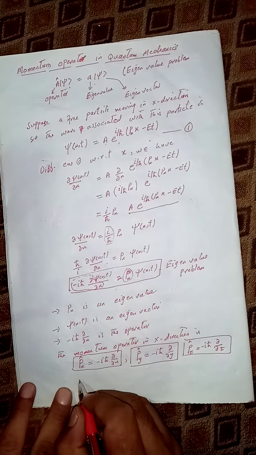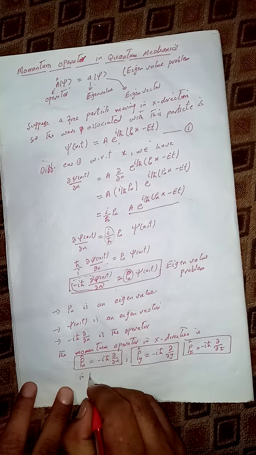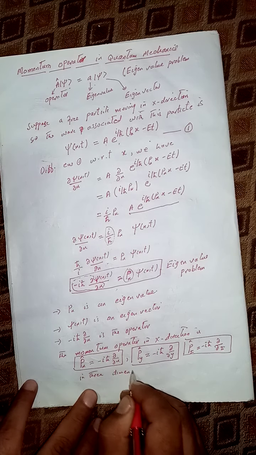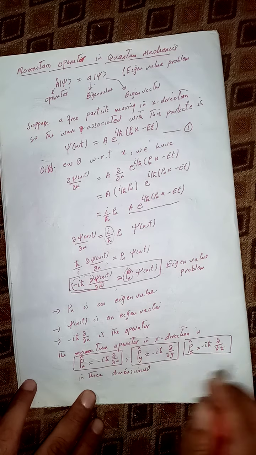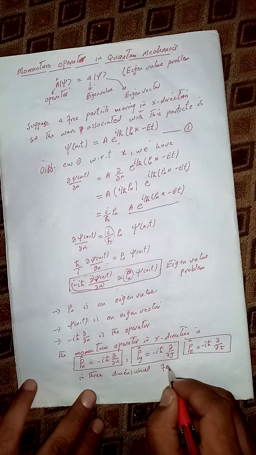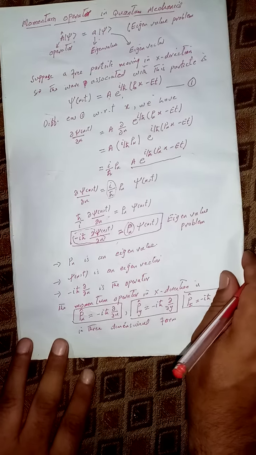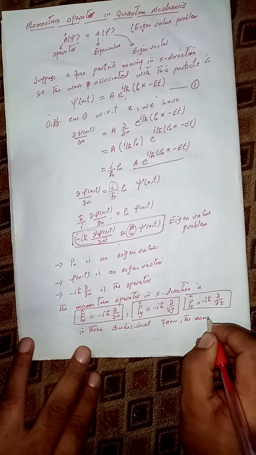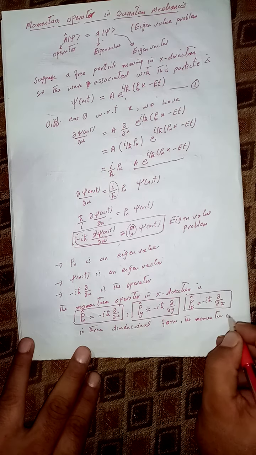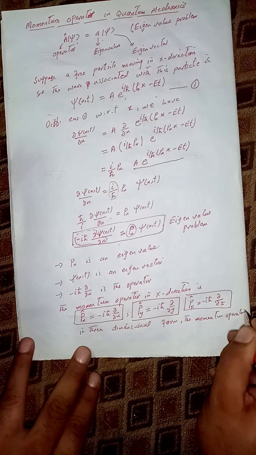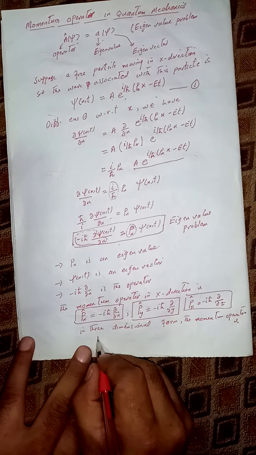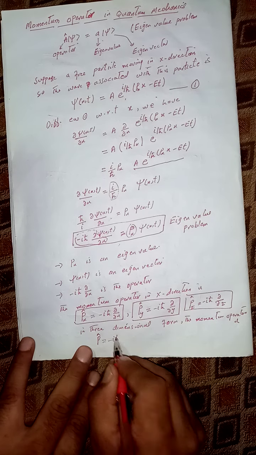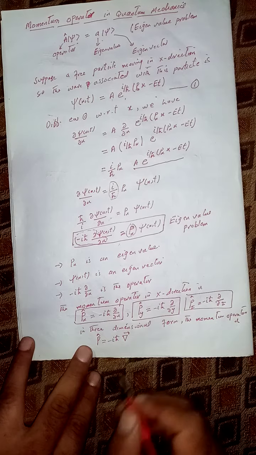And in three-dimensional form, the momentum operator, which I will represent by this p, is minus iota h bar, this del vector.